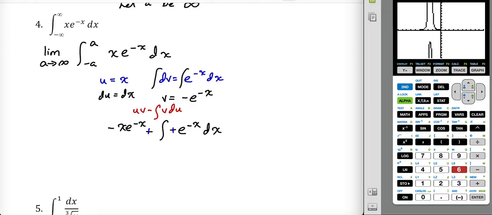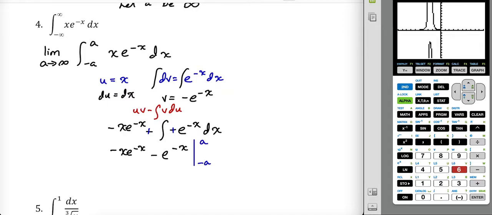Now this is over the interval of negative a to a, but we'll cross that bridge in a sec. We're going to lump that in at the end. So we'll have negative x e to the negative x. The antiderivative of e to the negative x is negative e to the negative x, and we're going to evaluate that over the interval of negative a to a.